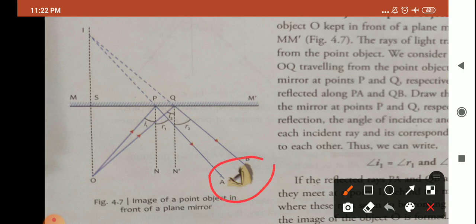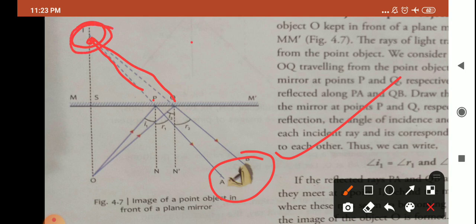Suppose you are the observer, so you will find the image of this object here. How is the image made? When these rays are made to join, they are going to meet here, so hence the image is going to form here.